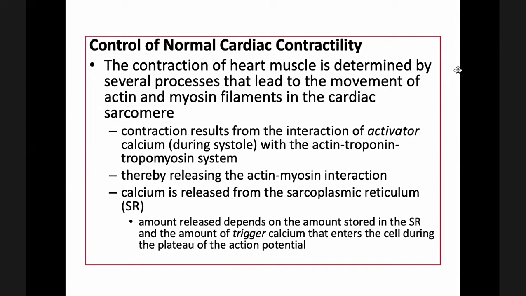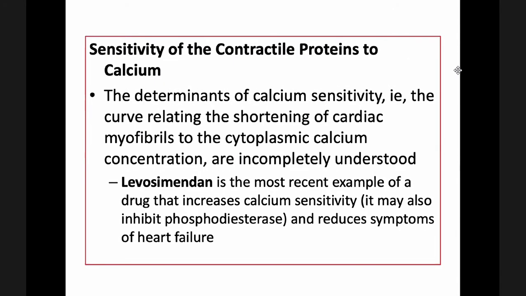So calcium is also released from the sarcoplasmic reticulum, and the amount of calcium that is released depends on the amount stored in the sarcoplasmic reticulum and the amount of trigger calcium that enters the cell during the plateau of your action potential.